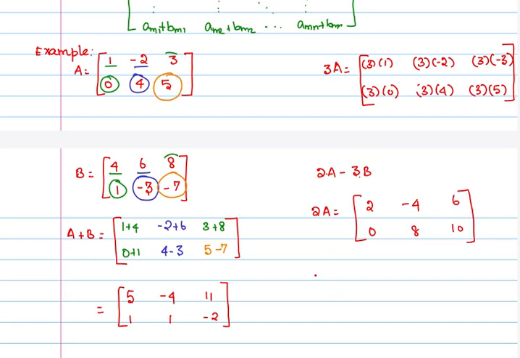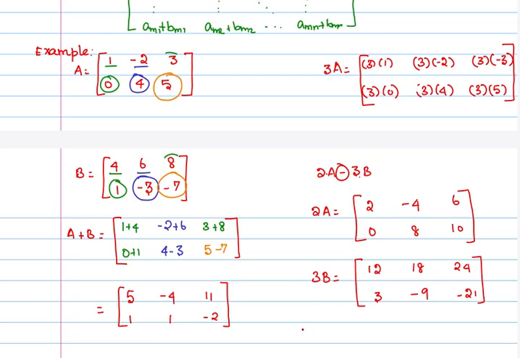Similarly, I want to find 3B. That is the matrix B with each entry multiplied by 3. That is 3 times 4 is 12, 3 times 6 is 18, 3 times 8 is 24, 3 times 1 is 3, 3 times minus 3 is minus 9, and minus 21 for the last entry. Now I want to subtract. This is the tricky point.